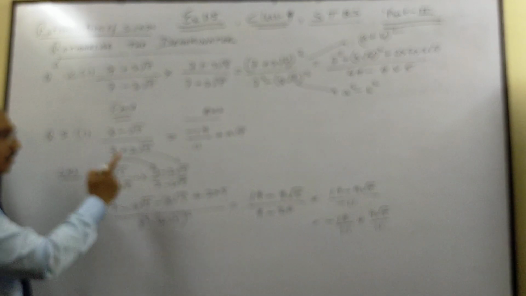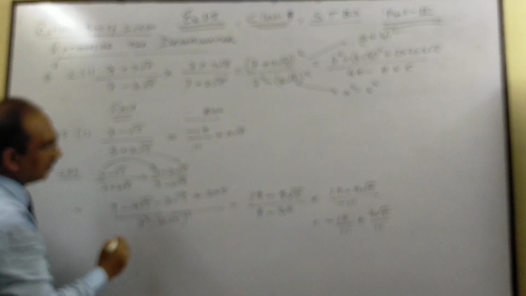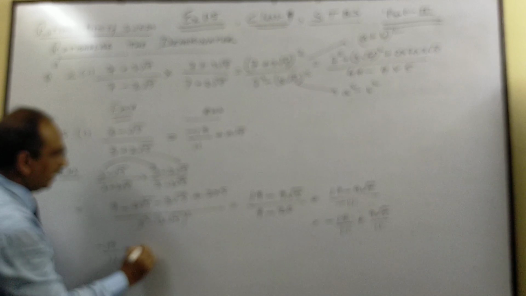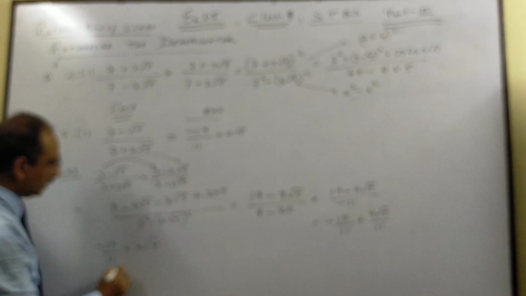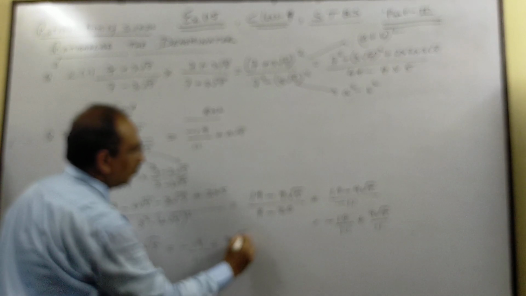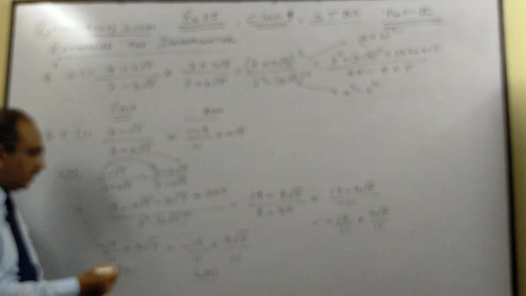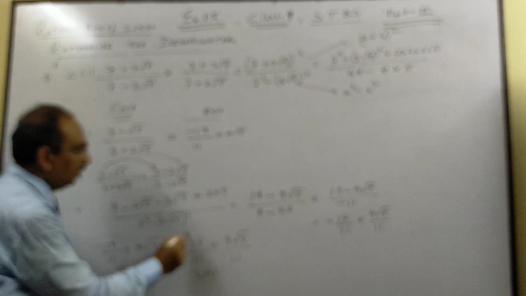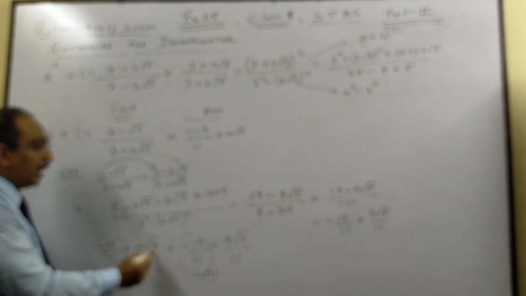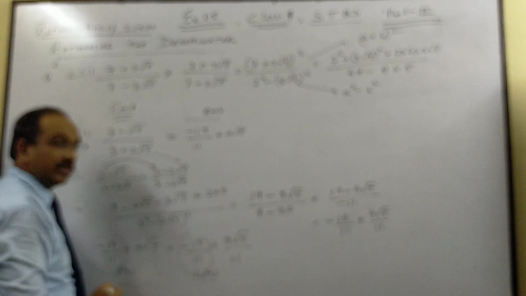So last part, we equate both the sides. So minus 19 by 11 plus A root 5, this is my RHS. And LHS we have solved this. So what you see is, if we equate both, these two are equal and this A is called the coefficient of root 5. 9 by 11 is the coefficient of root 5.